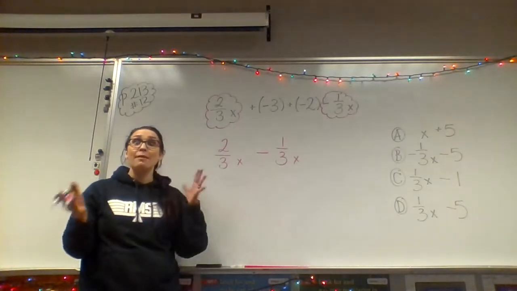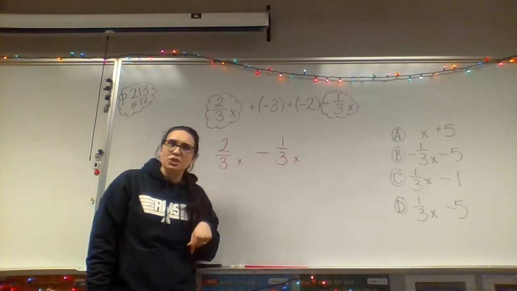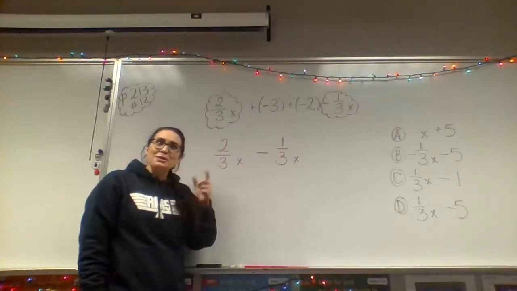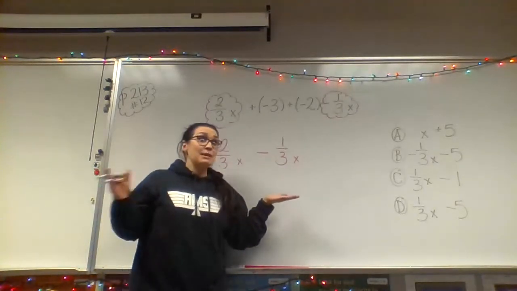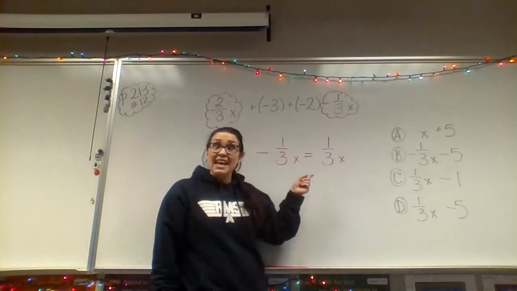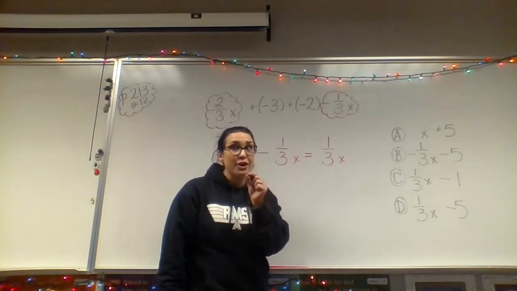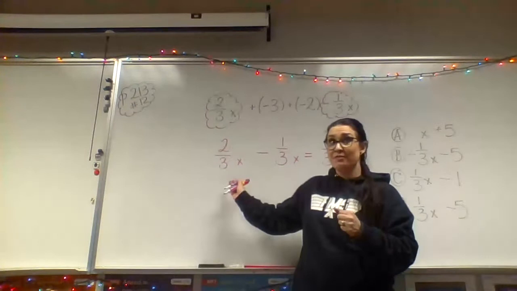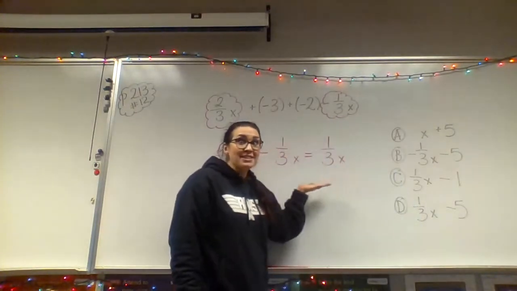You don't have to worry about any type of conversion. And you're just doing 2 minus 1. And 2 minus 1 is 1. So when I have 2/3 x minus 1/3 x, the simplified version of that is 1/3 x. And notice it's a positive 1/3 x because I started with a larger value and then I subtracted a slightly smaller amount, right? So my answer is still positive.